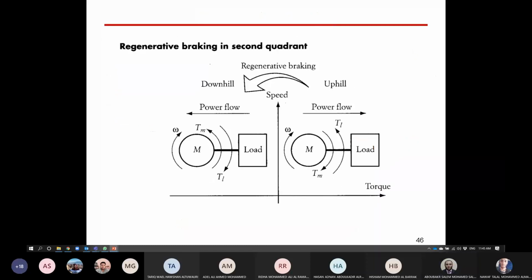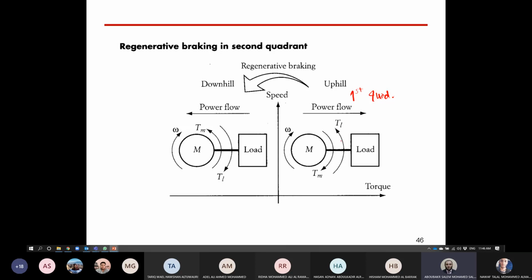Right. So now, in terms of the quadrants, we have the first quadrant. In the first quadrant, which is the motoring mode, we have a load. If we assume that this is a speed direction, which is positive, the torque of the motor will be in the same direction as the speed, which represents the motoring mode, and the load torque will be opposite.